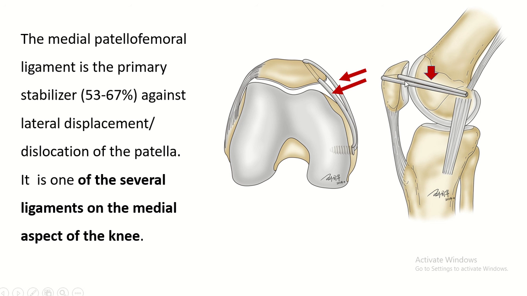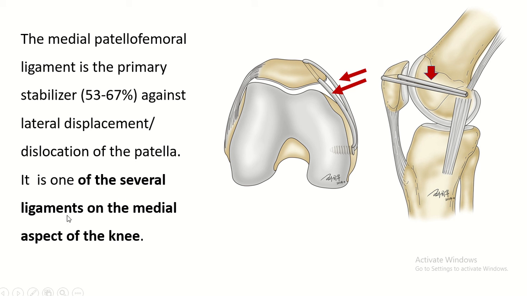This is the medial patello-femoral ligament. One attachment is the medial portion of the patella, another attachment is on the femur, and it gives 53 to 67% of the stability against dislocation.